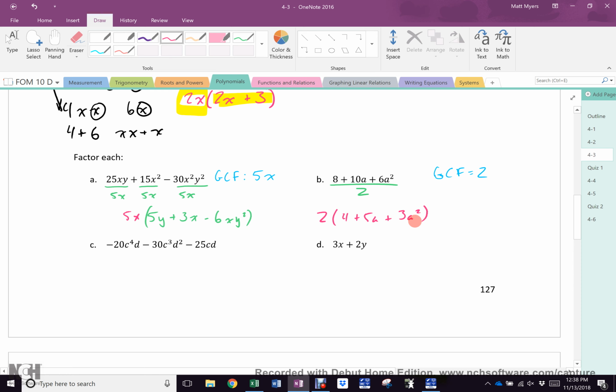Done. Now, C is the first wrinkle. All right? What type of factoring are we doing? What's it called? It's written at the top of the page. Greatest common factor. Yes?